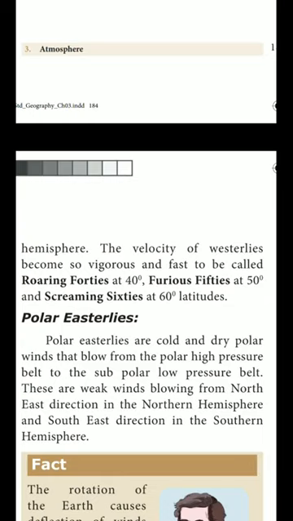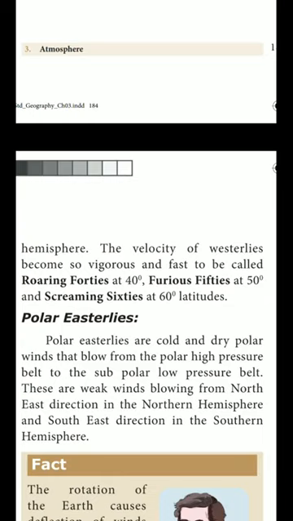Please students listen carefully. There is one question also about this. What do you mean by polar easterlies? Polar easterlies are cold and dry polar winds that blow from the polar high pressure belt to the subpolar low pressure belt. So these winds are considered as weak winds.